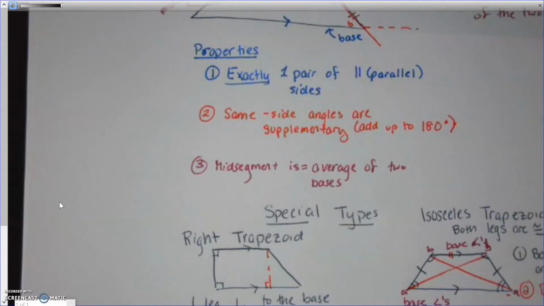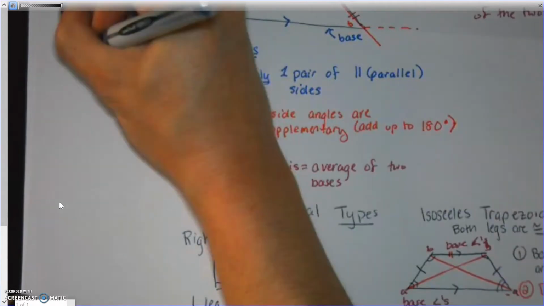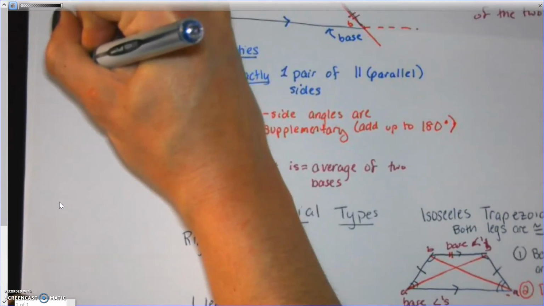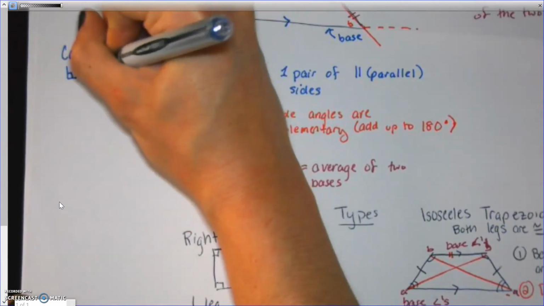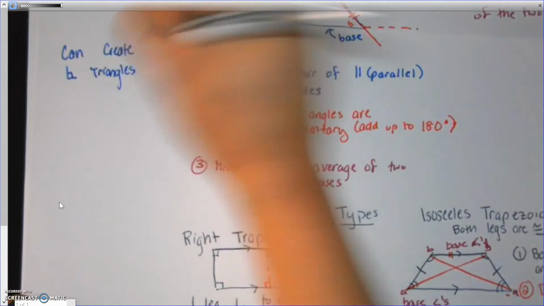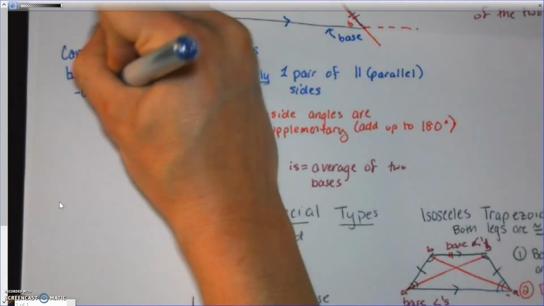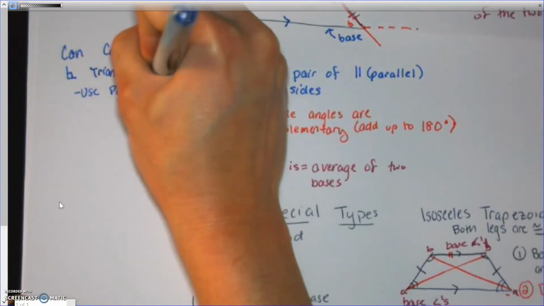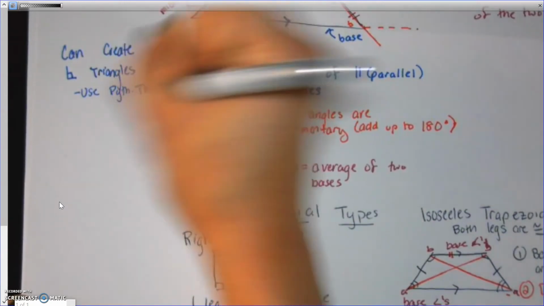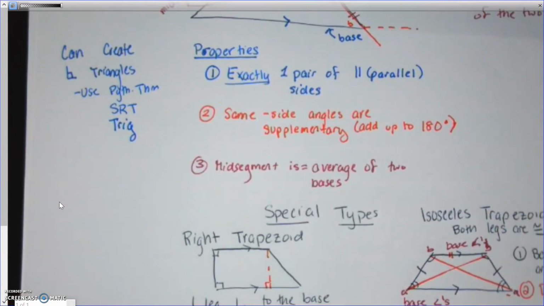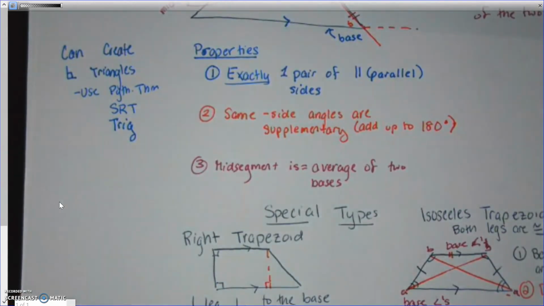So in a trapezoid, you can create right triangles. That's great because then we can use the Pythagorean theorem, special right triangles, or trig to find out more about different parts of our trapezoids.